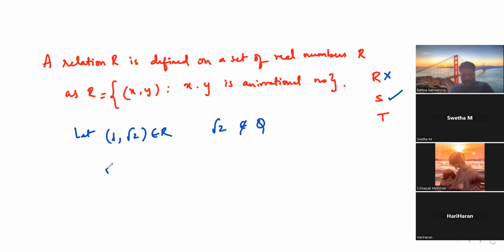In the same way, take (root 2, 3). 3 root 2 also does not belong to rational. Have we taken (1, root 2)? Okay. (1, root 2) belongs to real numbers.